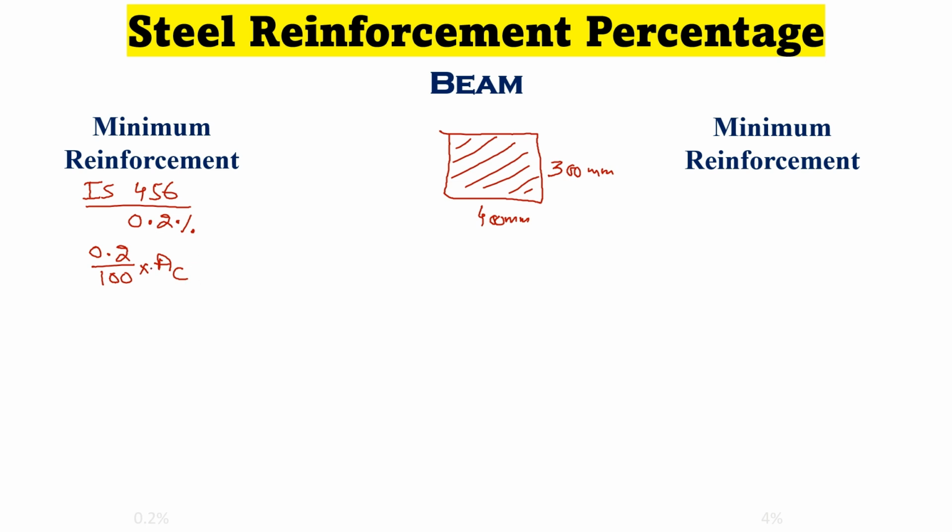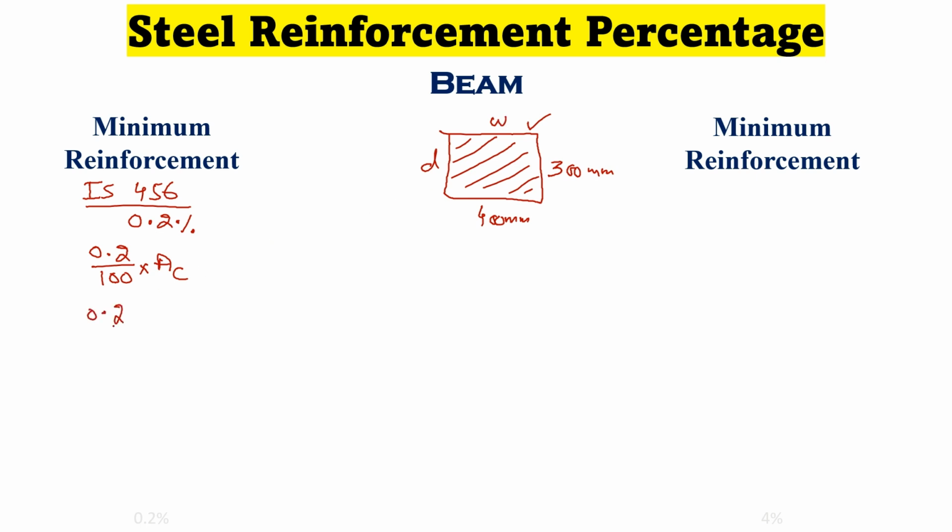So what is the cross-sectional area of this beam cross-section? This may be in inches, this may be in millimeters. So we need to calculate the area of cross-section of the beam. Simply we multiply the depth and width of the beam cross-section.